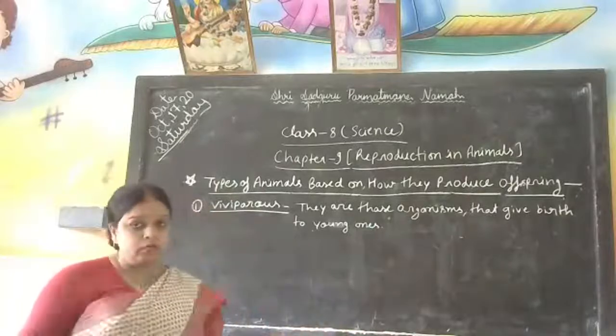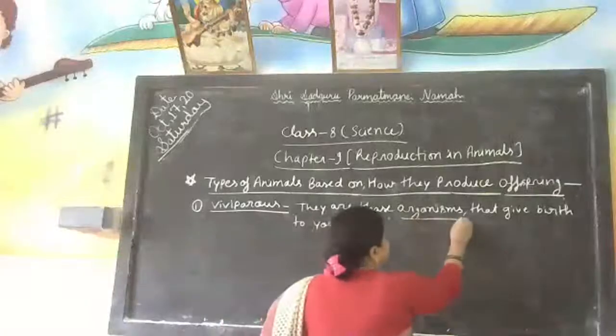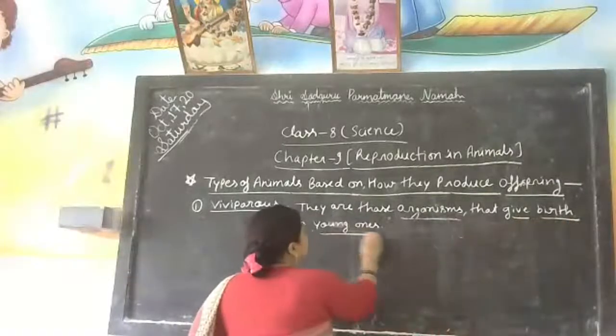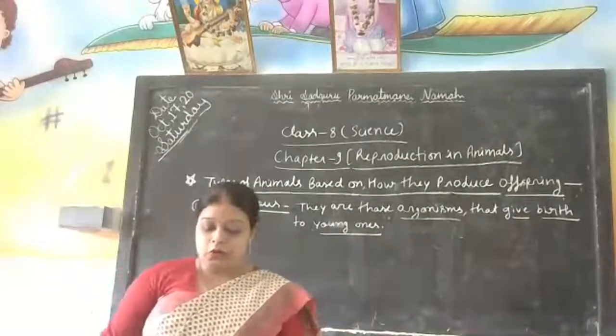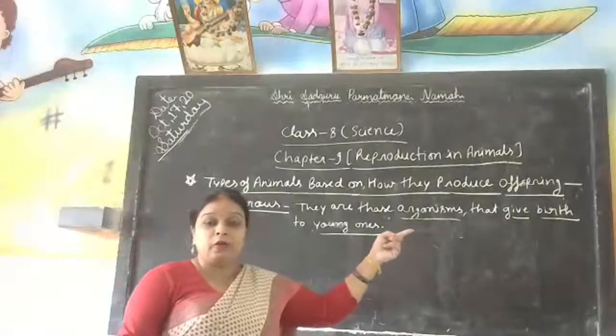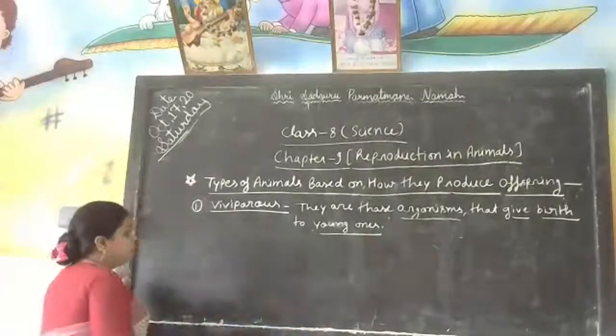They are those organisms that give birth to young ones. ये ऑर्गेनिज्म बर्थ करते हैं अपने ऑफस्प्रिंग को. For example, in case of mammals.